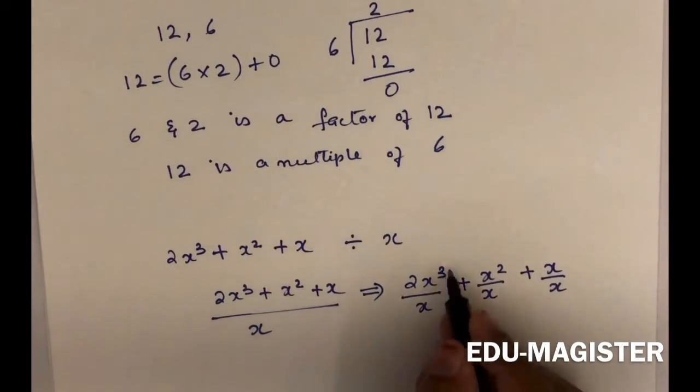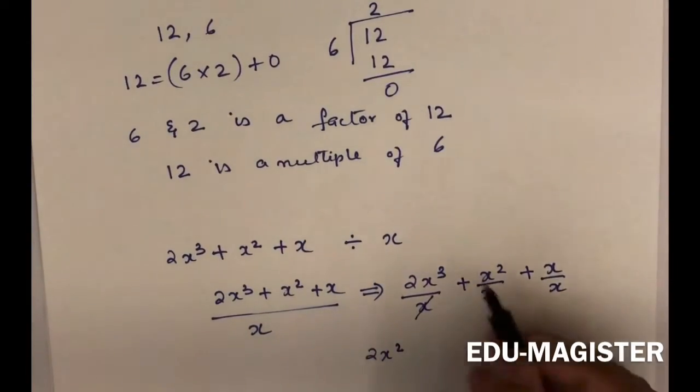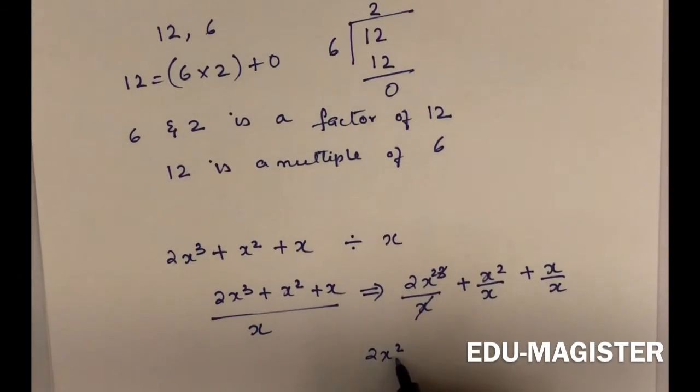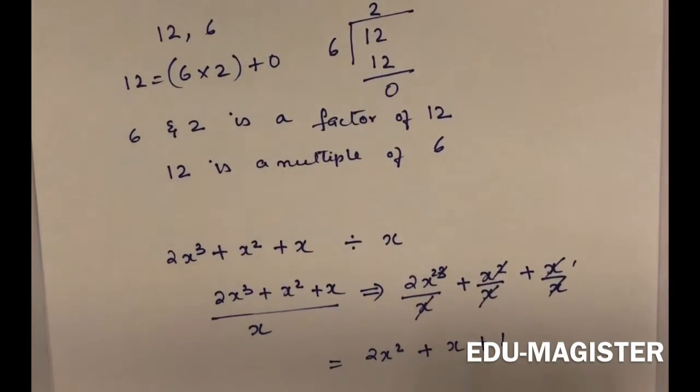Now if I divide this, I'll get 2x square, right? The x and the x cube get cancelled, and the remaining is 2x square plus x plus, here it is 1, x by x is 1. This is what I get when I divide 2x cube plus x square plus x by x.